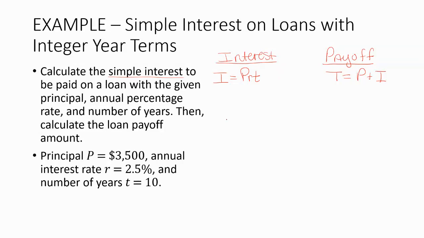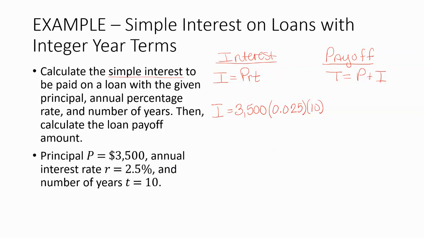So my principal is $3,500. My annual percentage rate is 2.5%, and as a decimal, that is 0.025. And my number of years, my T, is 10. So my interest is 3,500 times 0.025 times 10.